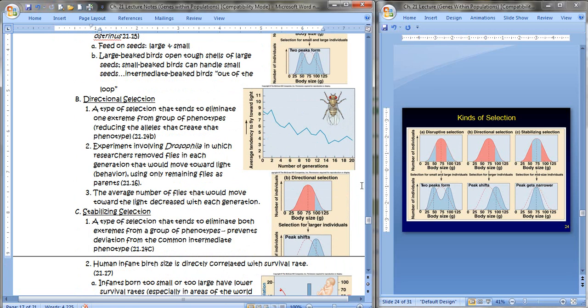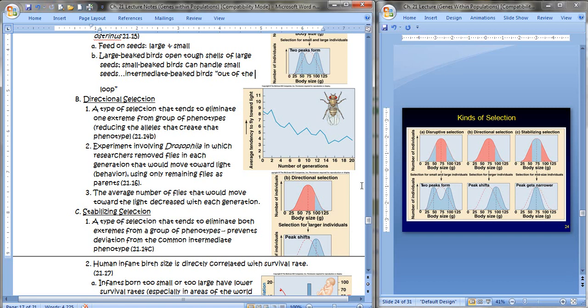The next type of selection is directional selection. Directional selection is a kind of selection that tends to eliminate one extreme from the group of phenotypes. So it will actually be reducing the alleles that create the phenotype. There was an experiment involving Drosophila, our fun fruit flies, in which researchers removed flies in each generation that would move toward light.